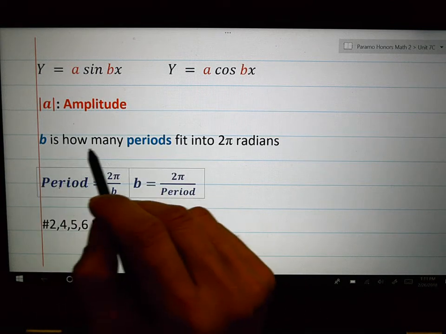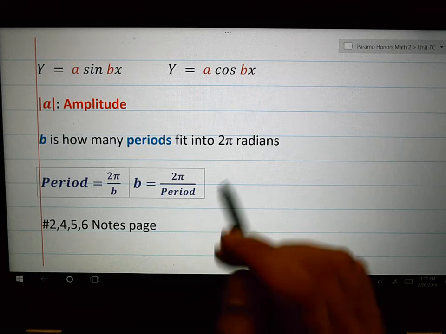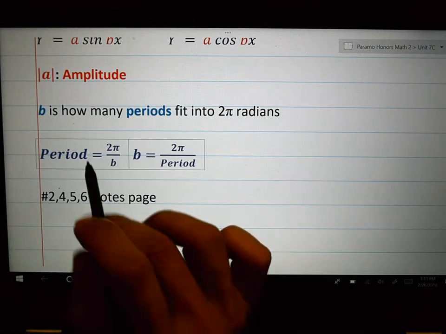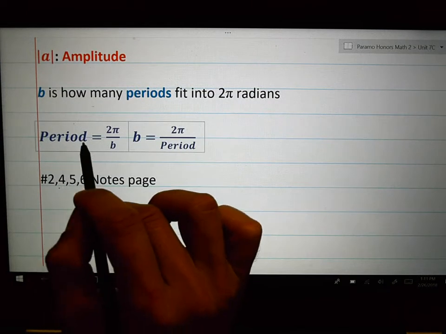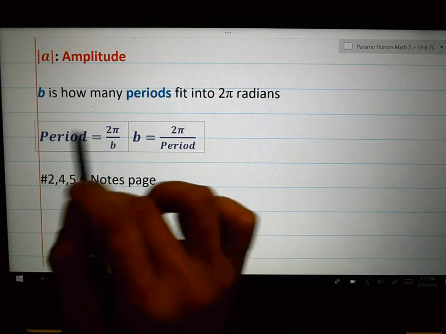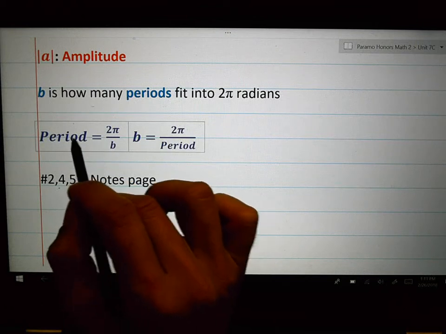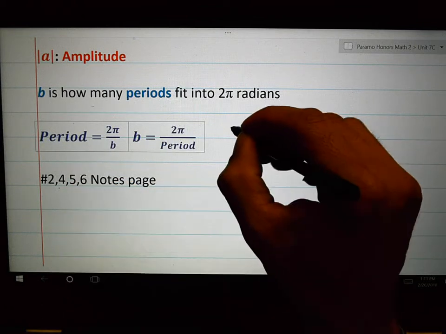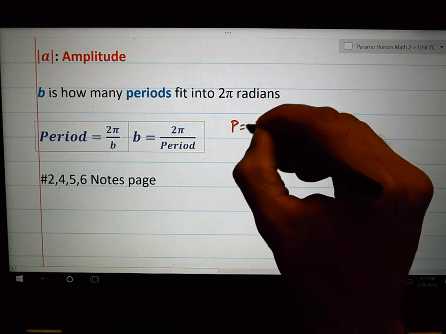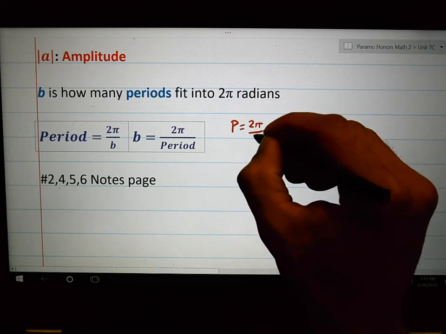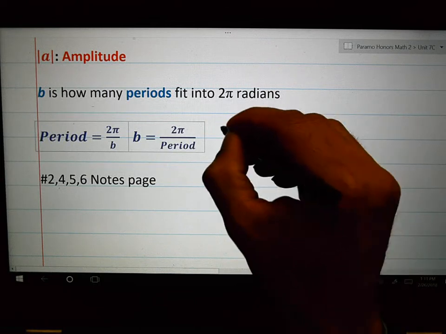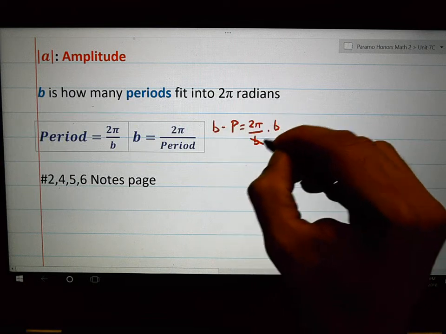B, on the other hand, is how many periods fit into 2 pi radians, and so we use these 2 formulas where the period is equal to 2 pi divided by b. Or if I do a little bit of math to that, if I times by b, b and b would go away.